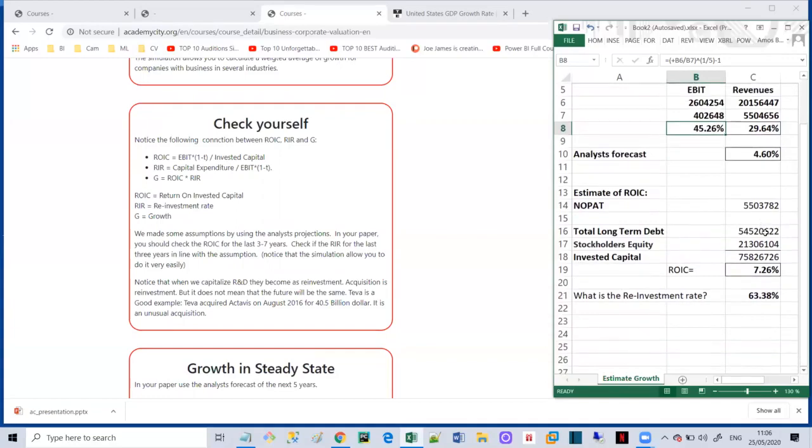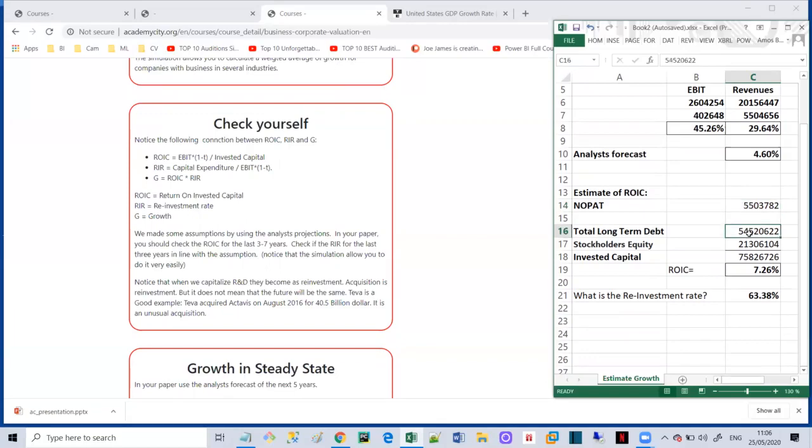The second thing we talked about: how do I estimate return on invested capital? We said we take net operating profit after taxes, meaning EBIT times 1 minus T. In real life, you look at the annual report and you take the operating income after tax.